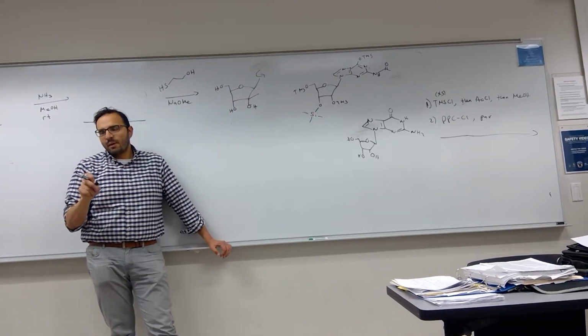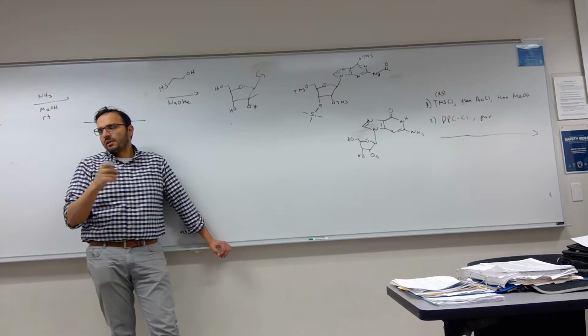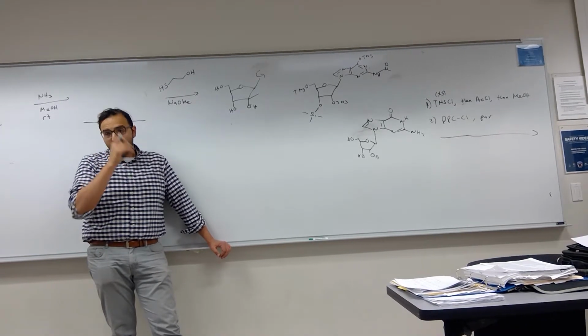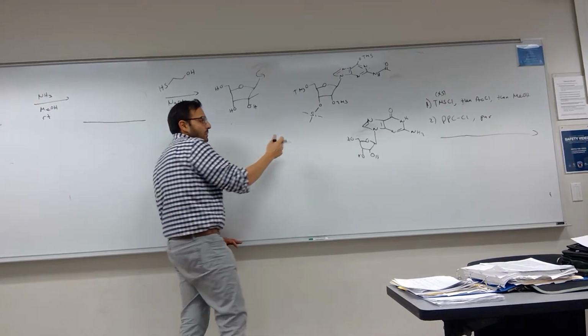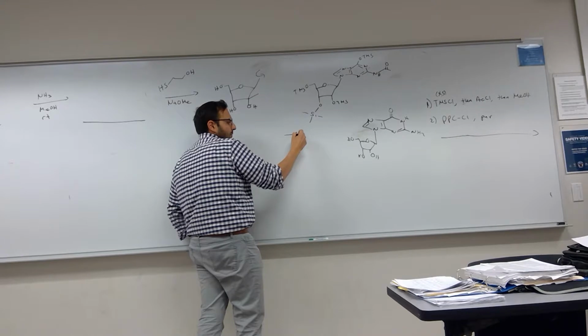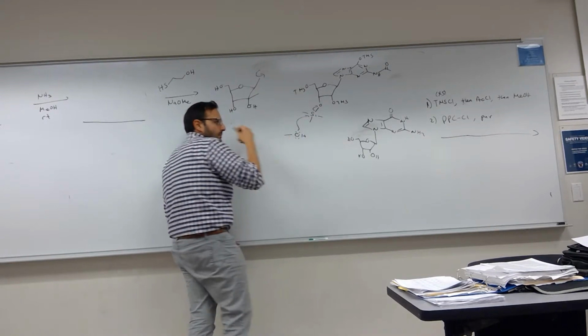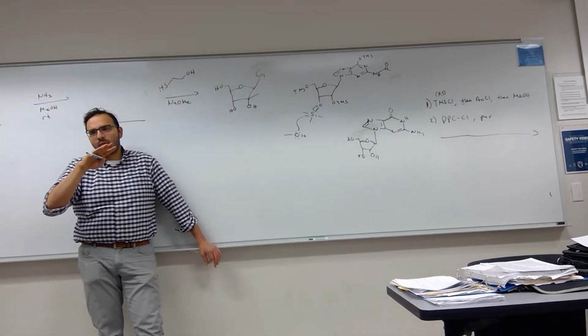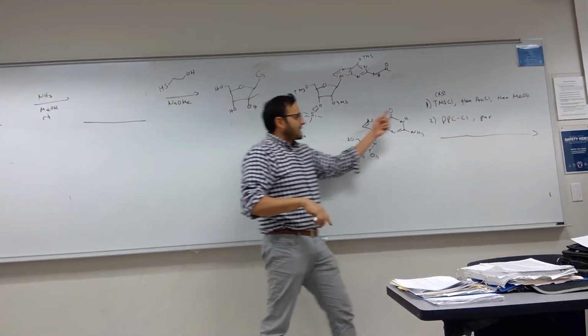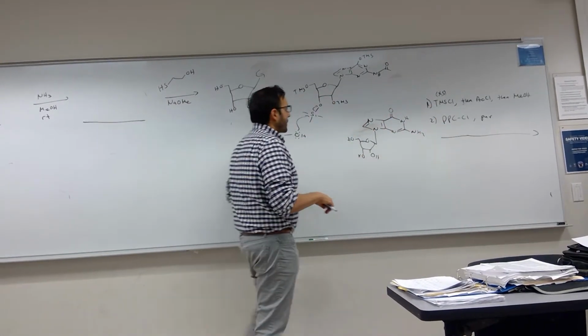If you even take an NMR and your chloroform is pretty old, it'll start deprotecting the TMS groups. So in this case, you want to deprotect the TMS groups, so you add some methanol. The methanol is going to attack, or water, right? And now you have your acetylated guanosine. Does that make sense?